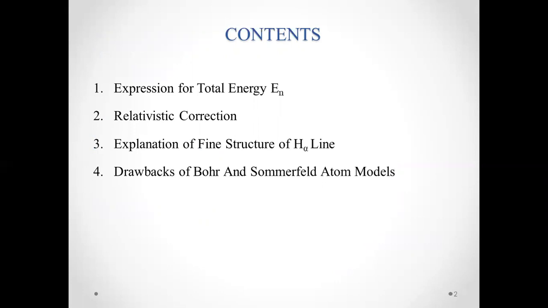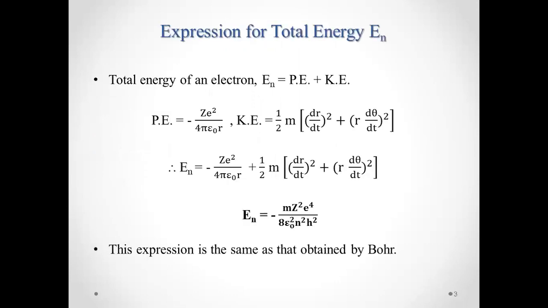Next is application of relativistic correction to the mass of the electron. Next comes the application of the Sommerfeld model to explain the fine structure of H-alpha line. And finally, we'll be discussing the drawbacks of the Sommerfeld atom model.